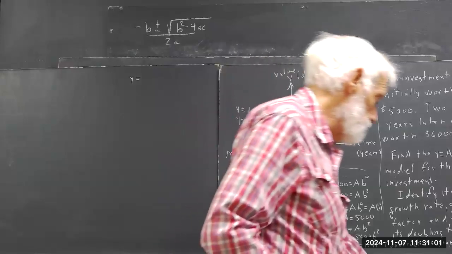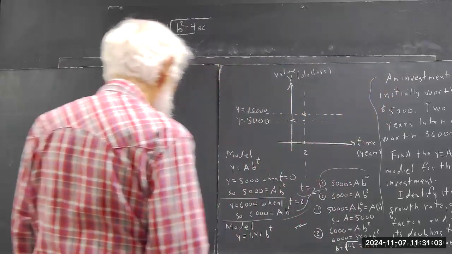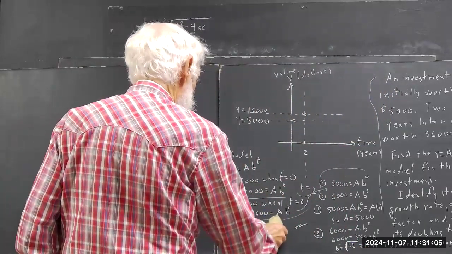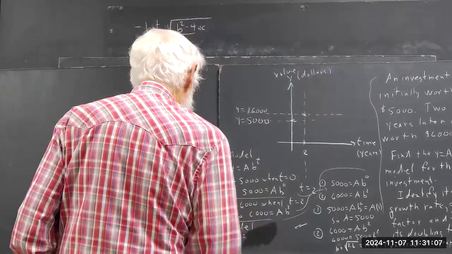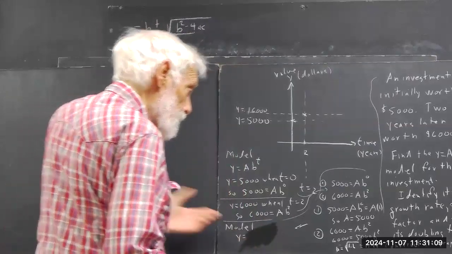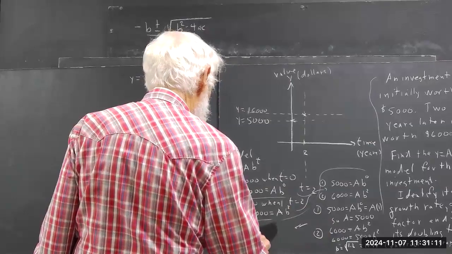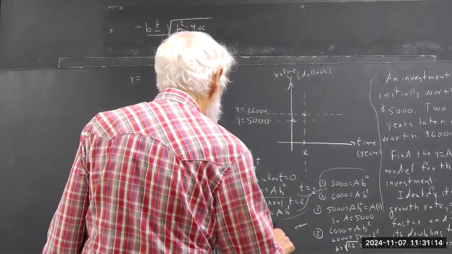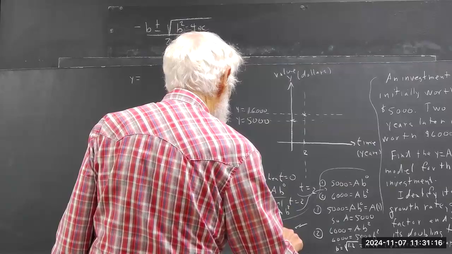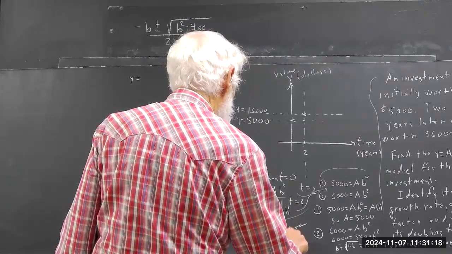I wrote this down wrong, and I really apologize. Y equals A B to the T, right? A is 5,000. B is 1.41.